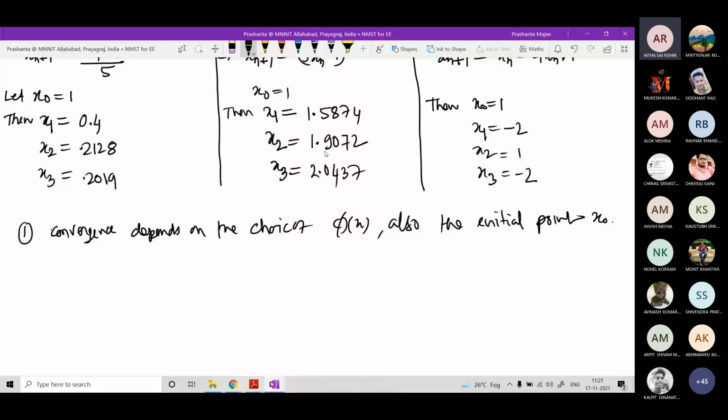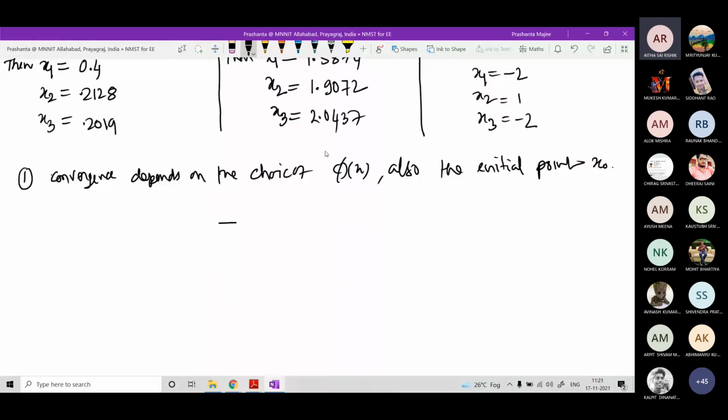So what is the iterative method we have created? The equation is f of x equals 0, which has been written as x equals phi of x for some phi, and from there we are getting the iterative method as xn plus 1 equals phi of xn.